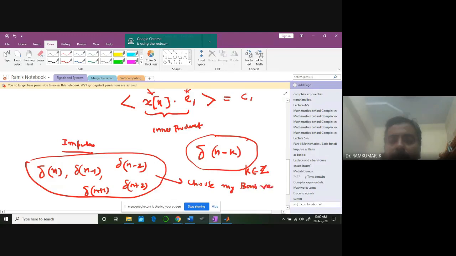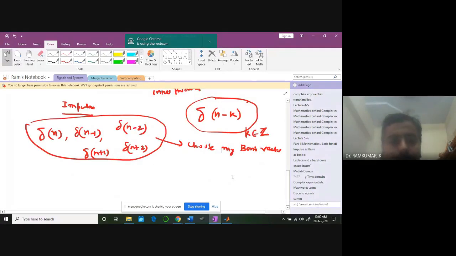I have a bag going from minus infinity to plus infinity, all the values inside. When I go to choose these basis vectors, what happens? I'm going to get my x of n.